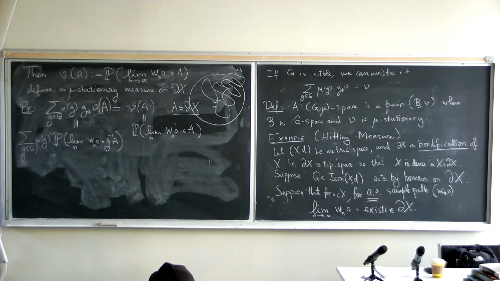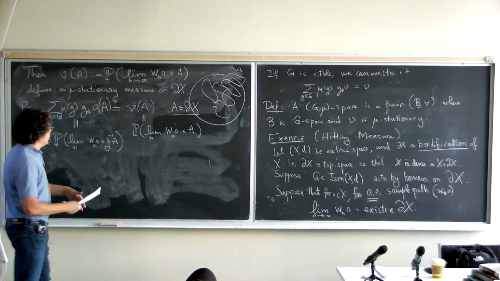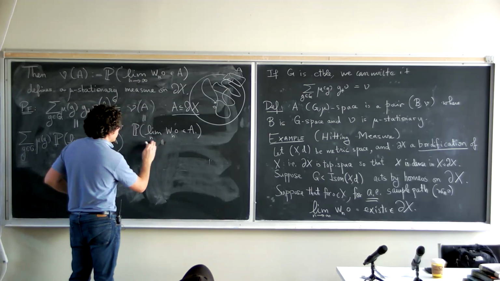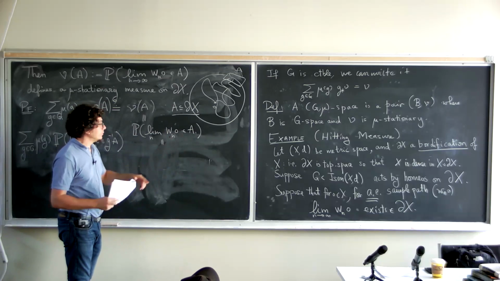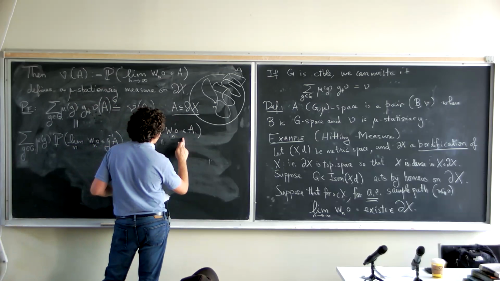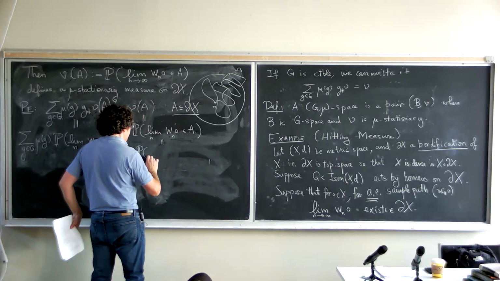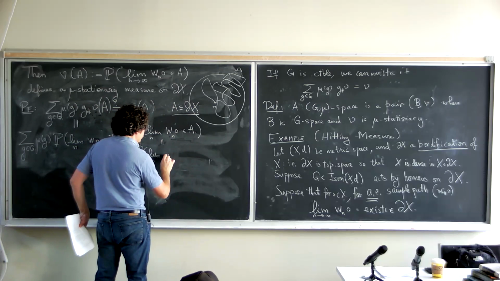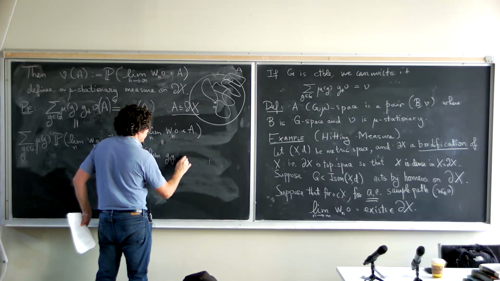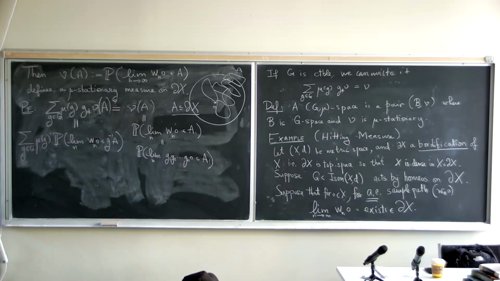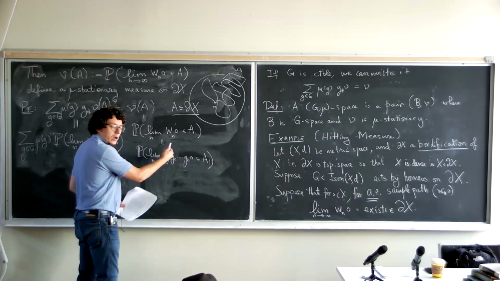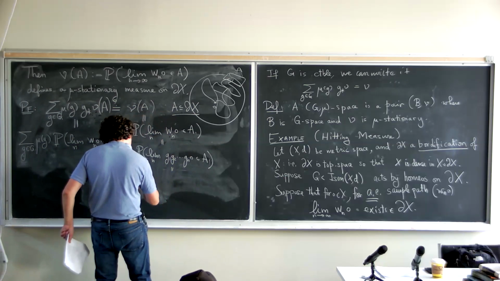Well, it's like isolating the first step of the walk. We're doing a walk W_n, remember that this is g_1 through g_n. So this is the probability that the limit of g_1 g_2 ... g_n O is in A. But what if we condition on the first step of the walk? The first step is this g_1.